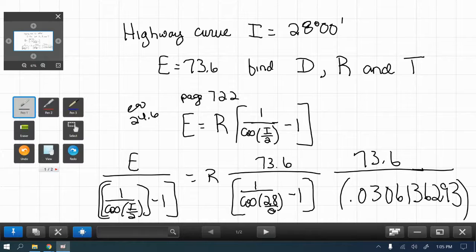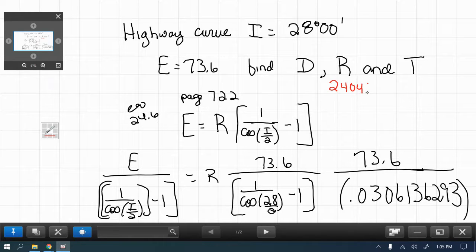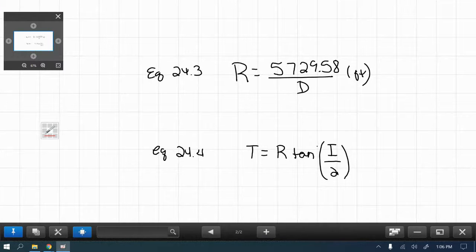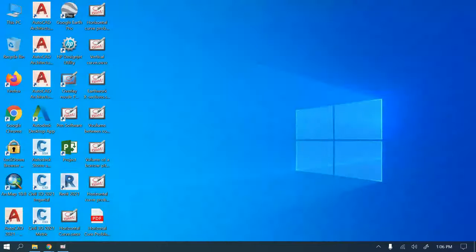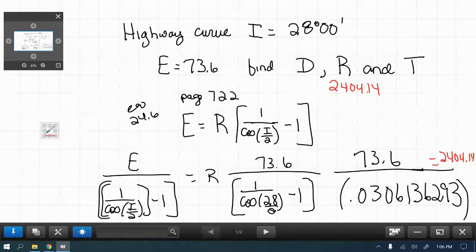I'm going to go ahead and put a now I have R, and I want to solve for D. Write it on the paper. Okay, at 14.